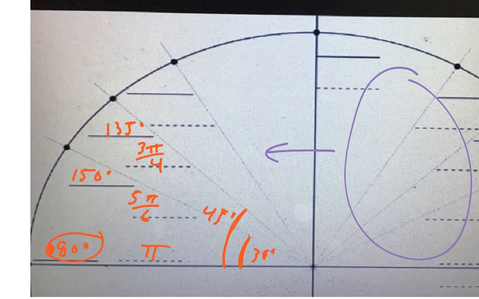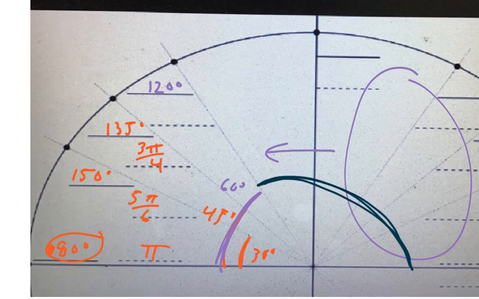And then finally, we have a 60-degree angle, right? Right there, 60 degrees. 60 degrees from 180 means this is a 120-degree angle. And what I mean by 120 from here to here, everyone see that from black? That's 120 degrees. And in radians, that's 2 pi over 3.